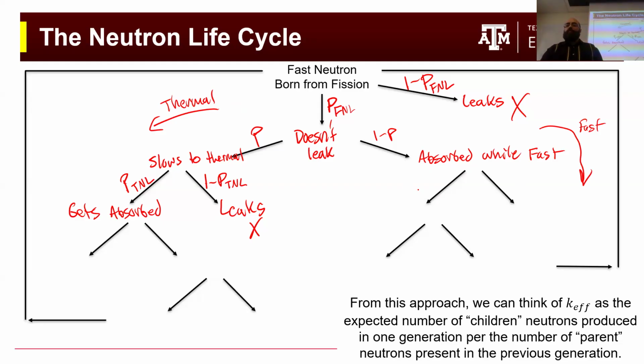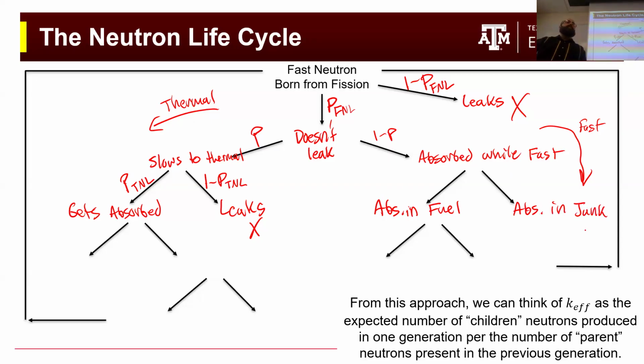Over here, we were saying we could be absorbed while we're fast. If we are absorbed while fast, there's two things that we could be absorbed into. We could either be absorbed into fuel, which is what we want, or we could be absorbed into something else like the structural materials or the cladding. So we either say absorbed in fuel, or we'll say absorbed in junk.